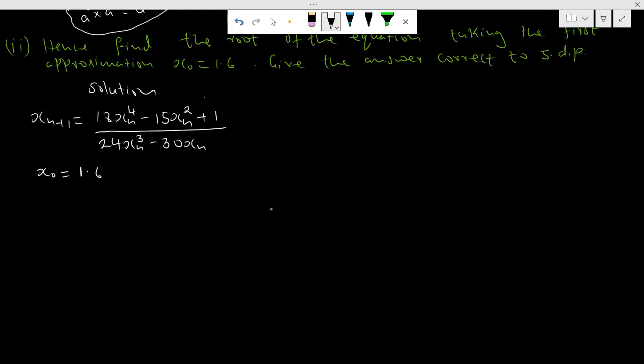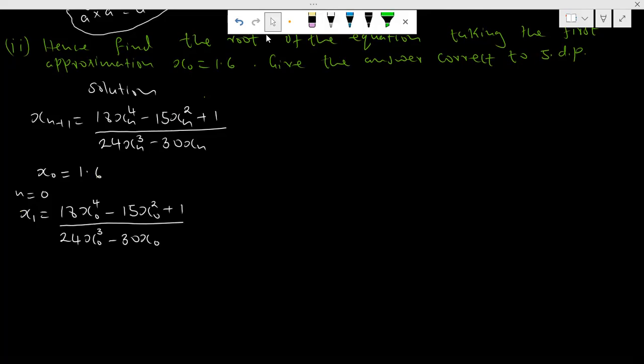So this implies that when n is equal to 0, we have x1 is equal to 18 x naught to the power 4 minus 15 x naught squared plus 1, over 24 x naught cubed minus 30 x naught. We are going to substitute the value of x naught.